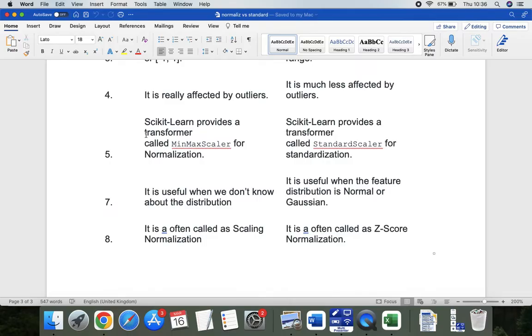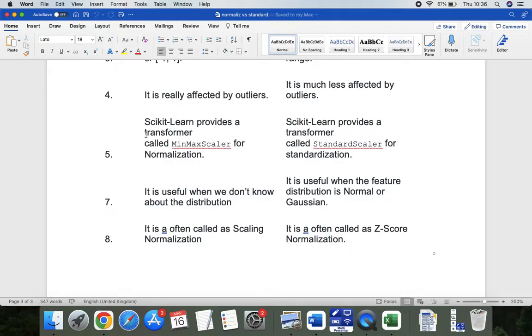Normalization is affected most by the presence of outliers because we are taking into account the minimum and maximum values. If the maximum is very high or the minimum is very low, there is a high chance that it is an outlier, and the whole process will be disturbed because of those outliers.